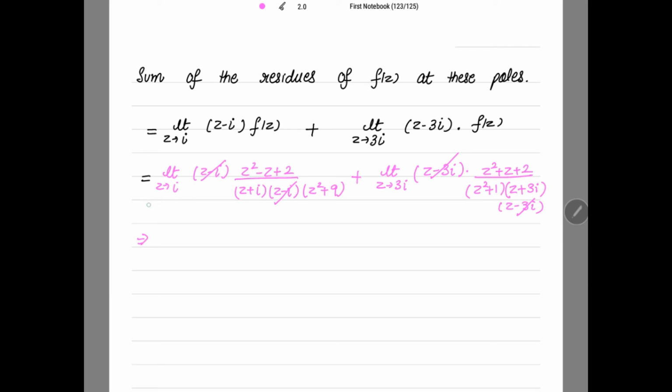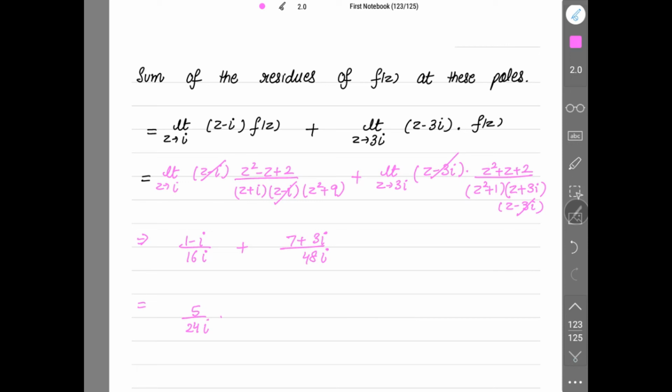Now we are left with this. Just put the limit z equal to iota into this and you will get 1 minus iota over 16 iota, plus if you put limit z tends to 3 iota over here, you will get 7 plus 3 iota over 48 iota. And when you simplify this, you will get 5 upon 24 iota.